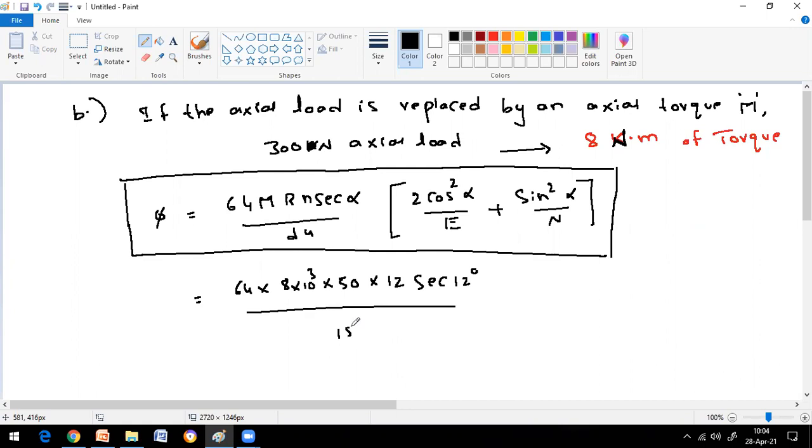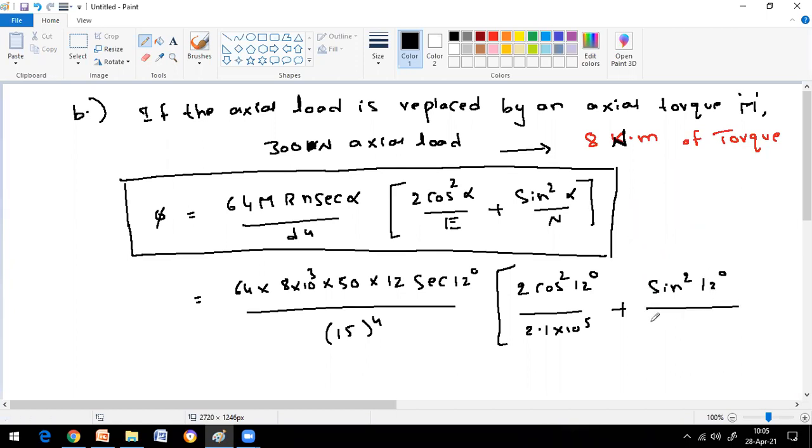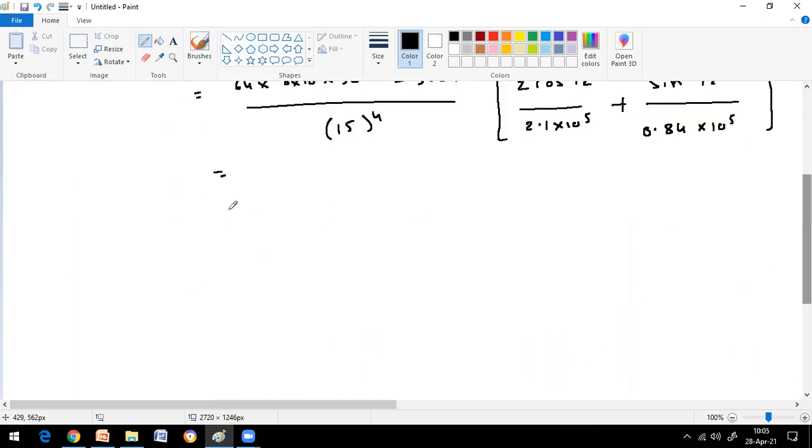And what is the diameter of the wire? 15 power 4 of 2 cos square 12 degrees by 2.1 into 10 power 5 plus sine square 12 degrees by 0.84 into 10 power 5. Substitute all the values. You will get the angle of rotation as 0.0597 radians.